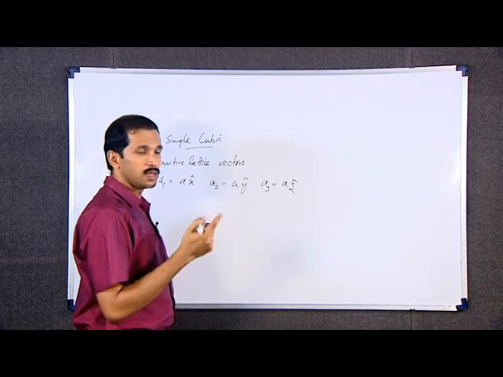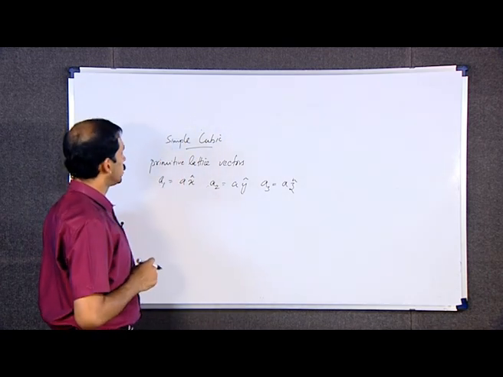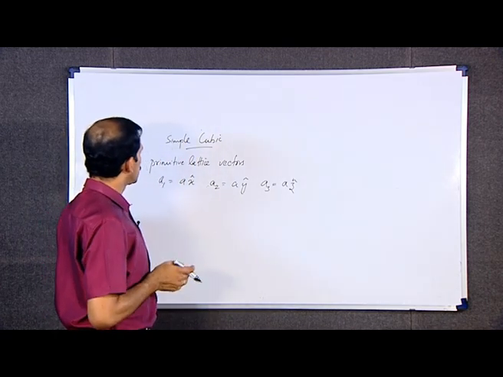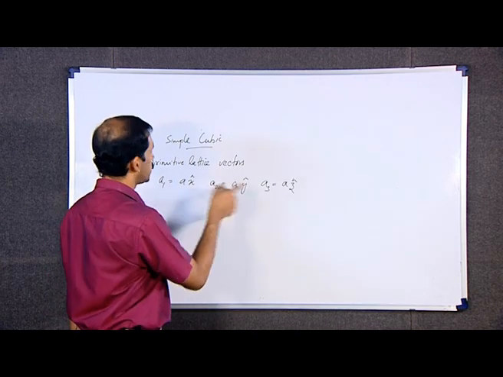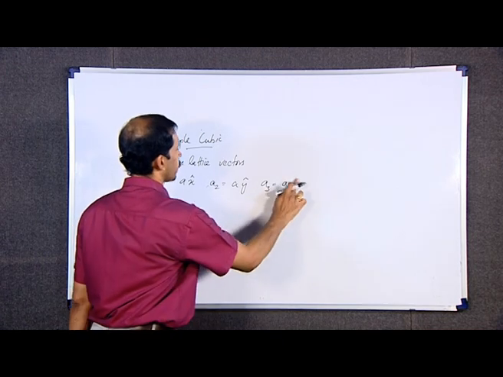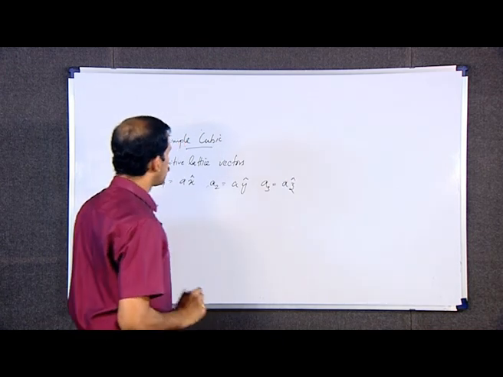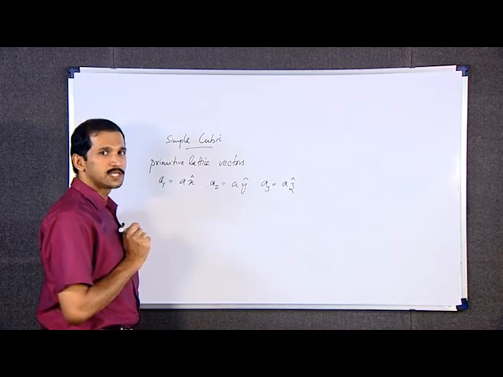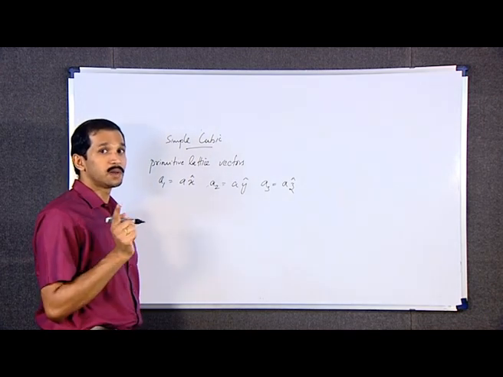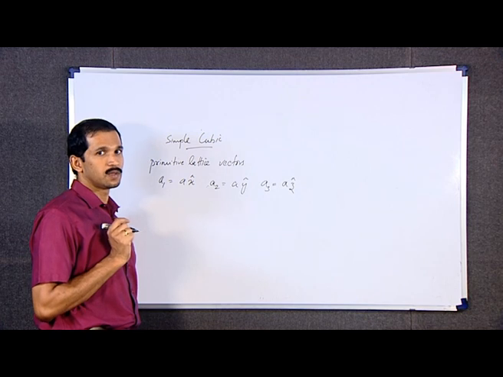Here a is the lattice constant, the dimension of one side of the cube, along the x, y, z directions. We need to calculate the reciprocal lattice vectors for these primitive lattice vectors.